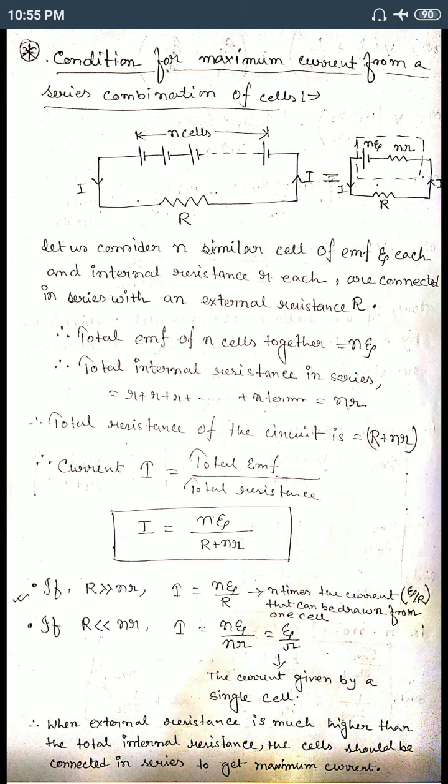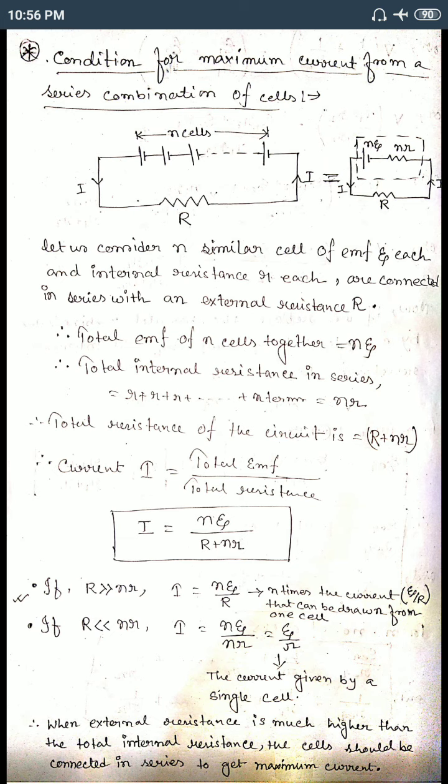Now the internal resistance of each cell is small r. So the total internal resistance in series combination is r plus r plus r up to n, that is n into small r.